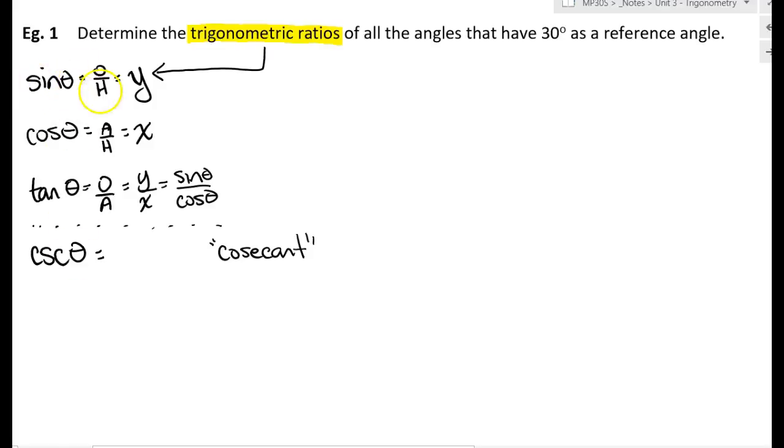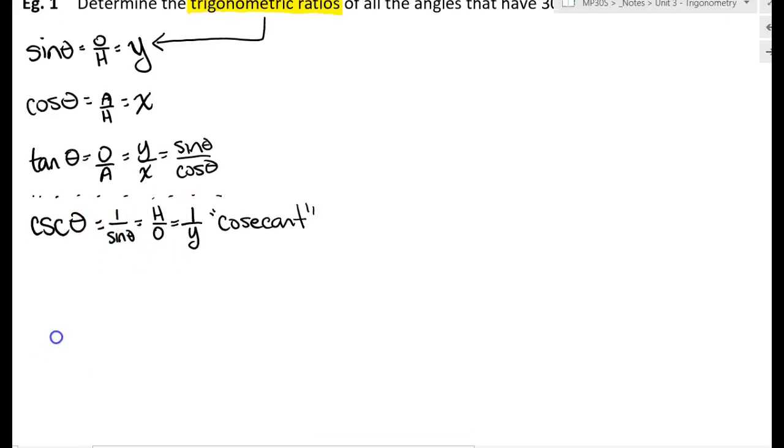Cosecant is actually the inverse of sine. So we can write it as 1 over sine theta. We could write it as hypotenuse over opposite, or we could write it as 1 over y. All of these are totally fine ways of using this.